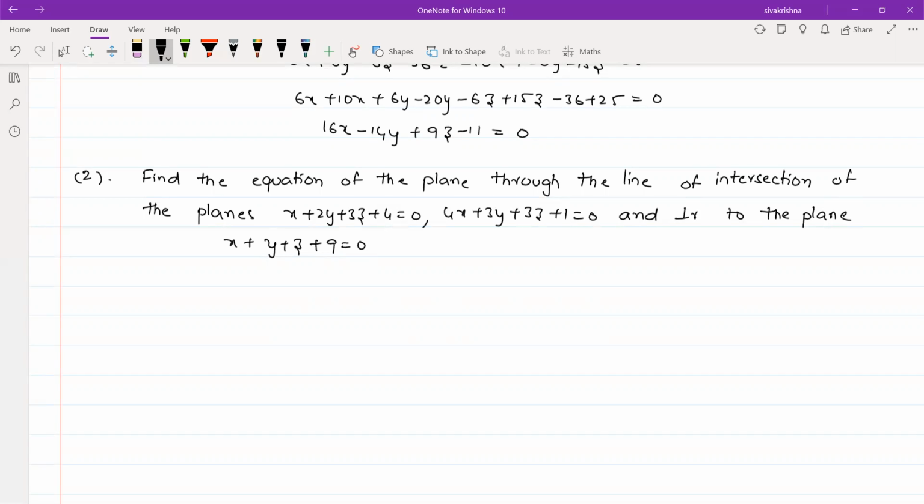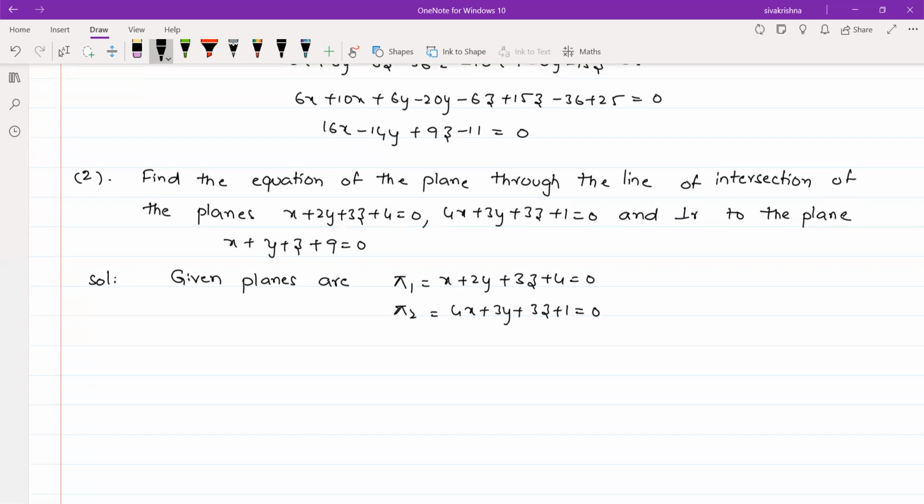Okay, so coming to the solution, once again I am writing the given planes and naming them pi1 and pi2. The first one is pi1, x plus 2y plus 3z plus 4 is equal to 0, and the second one is pi2, that is 4x plus 3y plus 3z plus 1 is equal to 0.